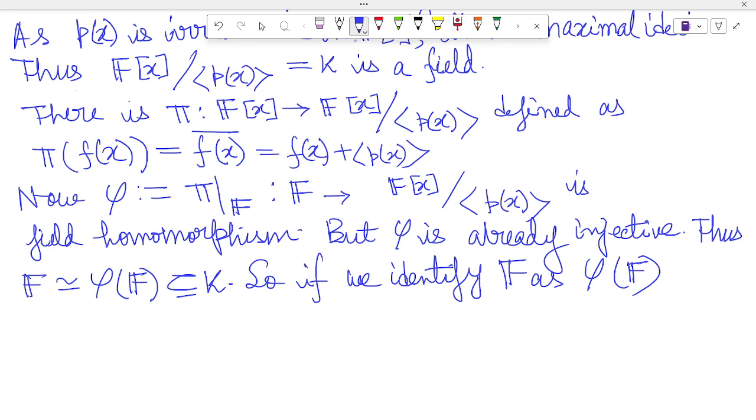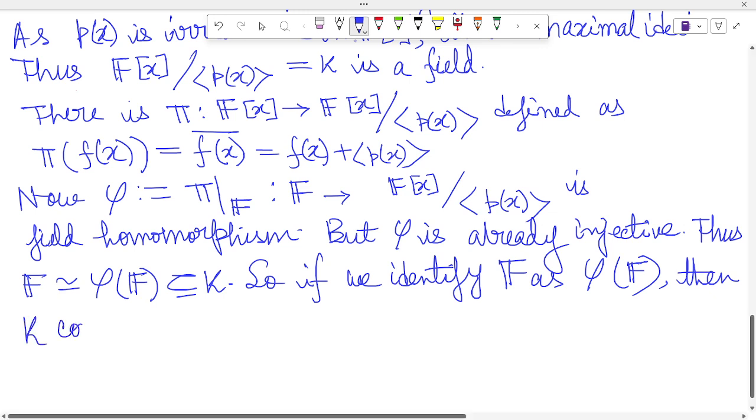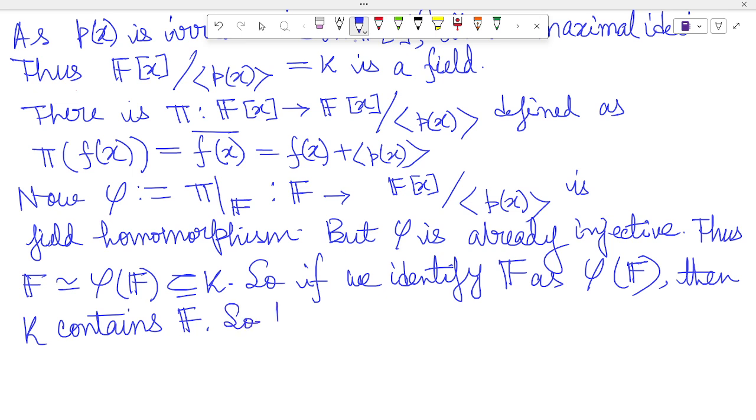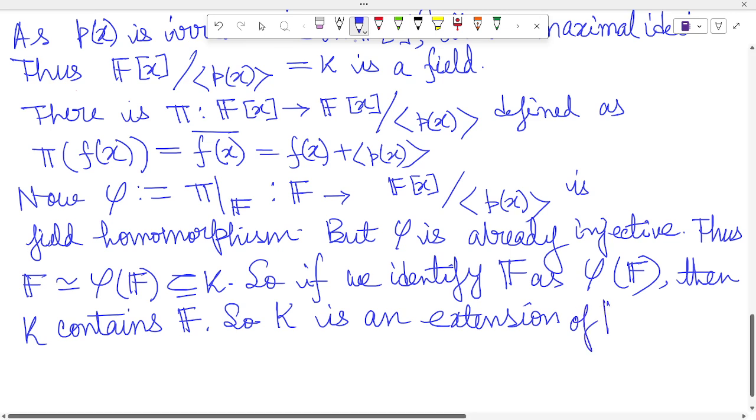So if we identify F with phi of F, then K contains F. So K is an extension of F.